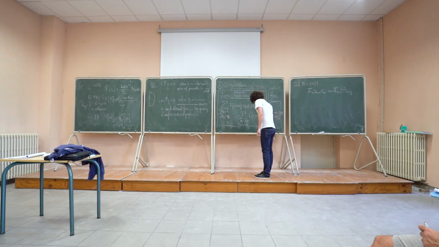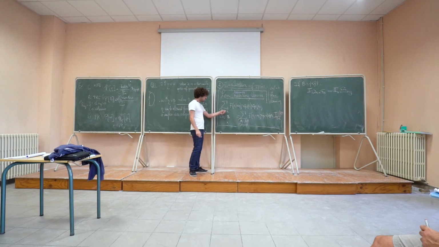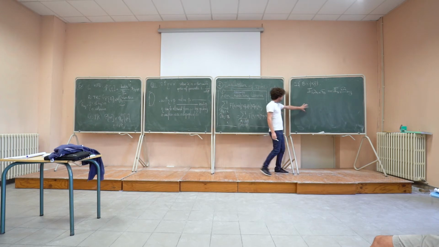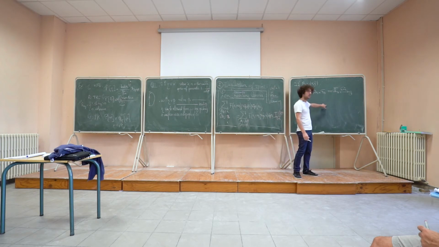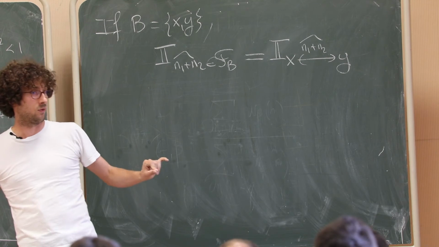Okay, so the last thing I wanted to say is that here I took N1 and N2 on the same graph, on a graph G. But one thing that is going to be crucial for us, when we prove continuity of the phase transition in dimension D, for instance, is that we want to relate the plus boundary condition to the free one. So in the high temperature expansion, one of the currents is on a bigger graph than the second one. One is on the graph plus the edges emanating from it.